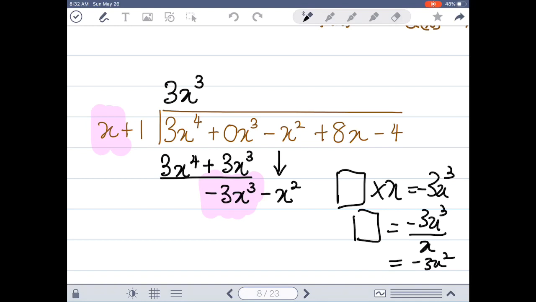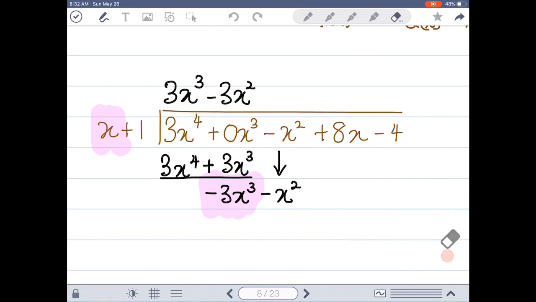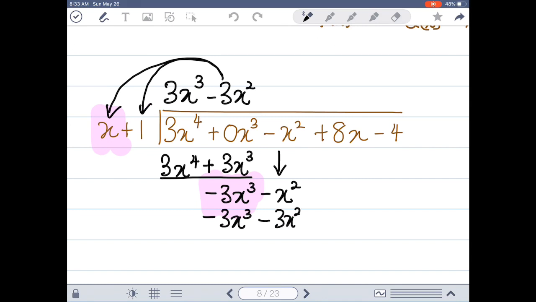So here, you write negative 3x squared. Next step will be negative 3x squared times x, we will get negative 3x cubed. Negative 3x squared times plus 1, we will get minus 3x squared.